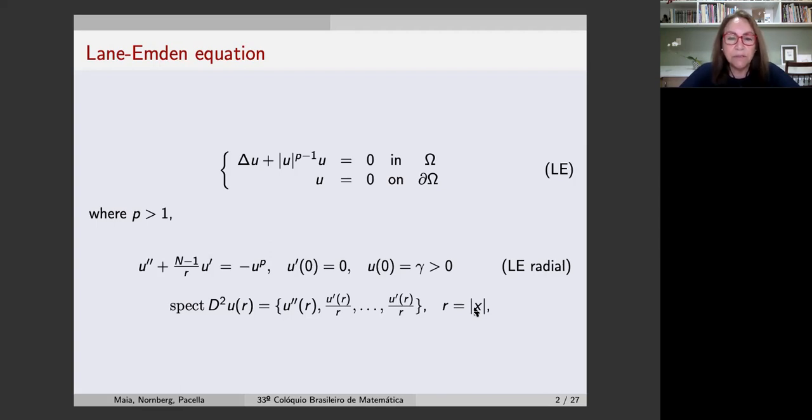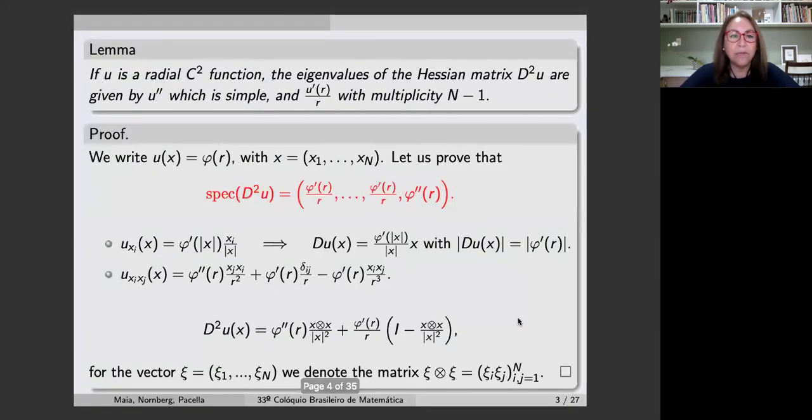An important piece of information from this equation is on the Hessian matrix at r for a solution u of the problem. The spectrum of the Hessian matrix is going to be u'' and u'/r, as it says in the following lemma.